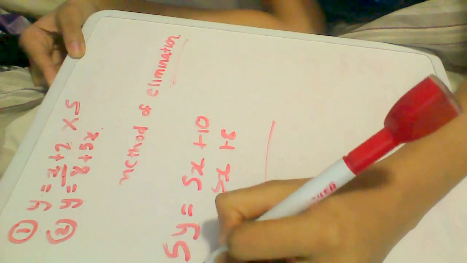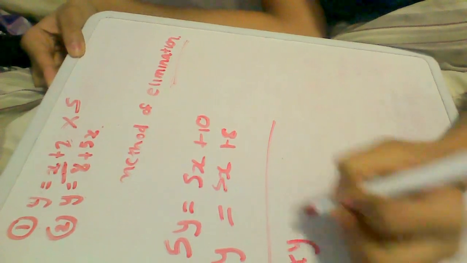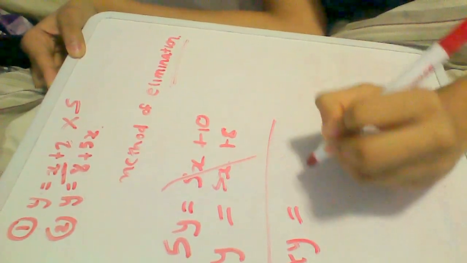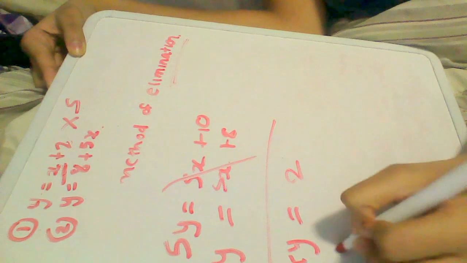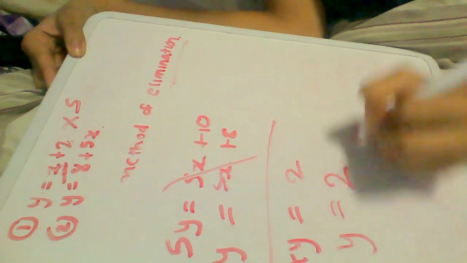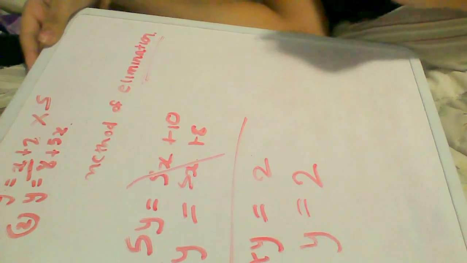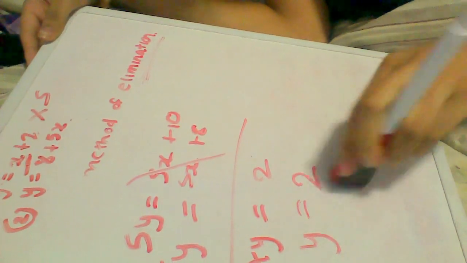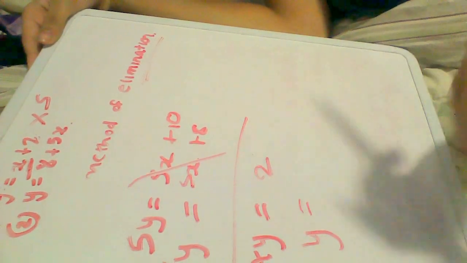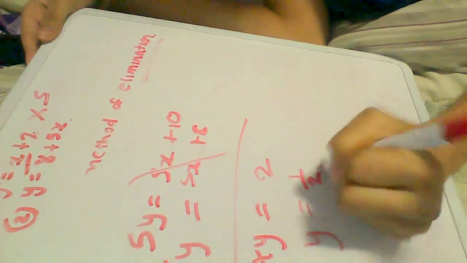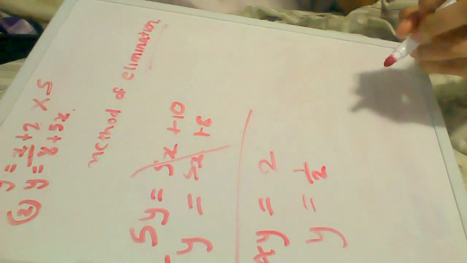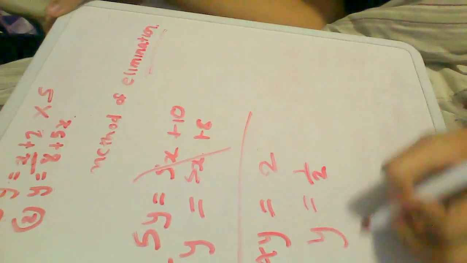So subtract that up, and you get 4y equals cancel 2. So y equals 2. Ta-da! That worked out. But did I just make a mistake? Equals 1 over 2. We got the y.